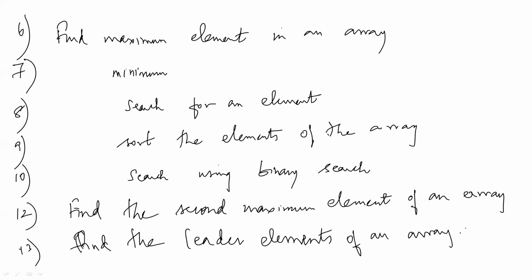An element whose value is greater than the values present in previous position and following position. Simple example, simple program, but you have to know what is a leader element, right? Whose value is greater than the value present in its previous position and the following position.